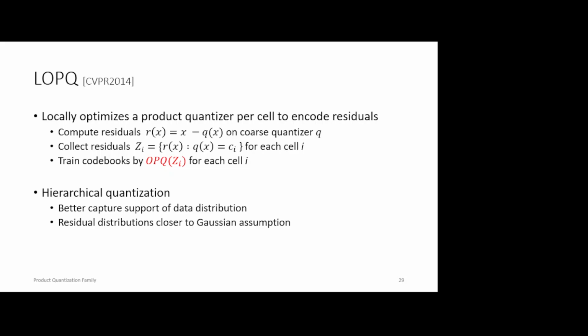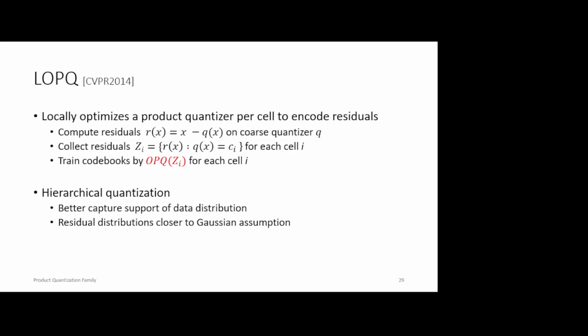We talked about PQ and OPQ, and the very important techniques they use: the k-means cluster to generate the codebook and then perform the quantization. Then we use the cluster centroid to reconstruct according to its code.